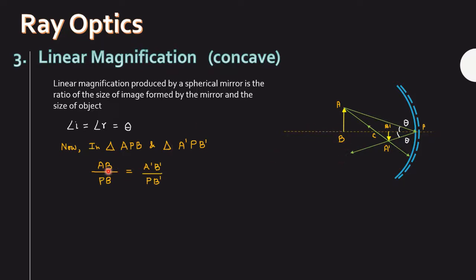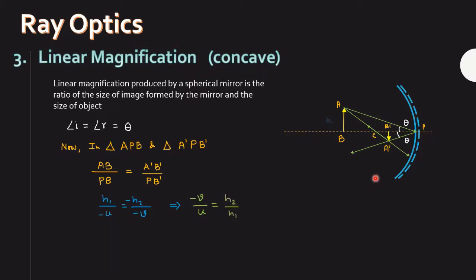And thus with the similarity we have written AB divided by PB, that will be tan theta of this triangle, is equal to A prime B prime divided by P B prime.